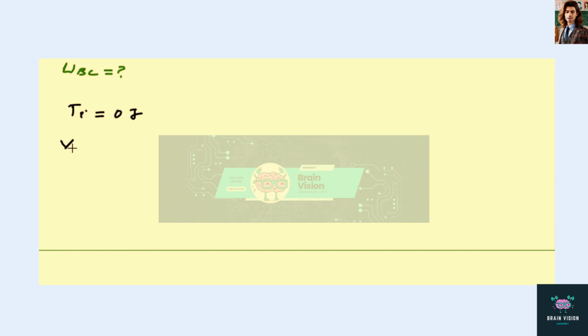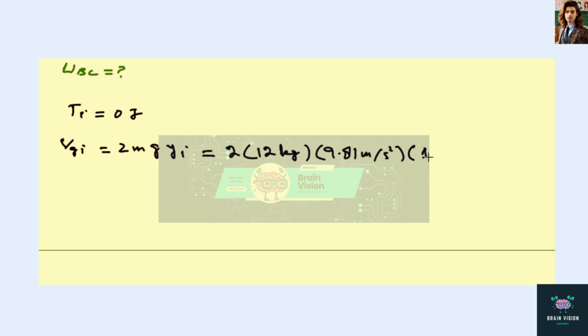The initial potential energy corresponding to the weight is written as Vgi, which is equal to 2 mgyi. So this is written as 2 into 12 kg into 9.81 meter per second square into 1 meter of sine 60 degree.